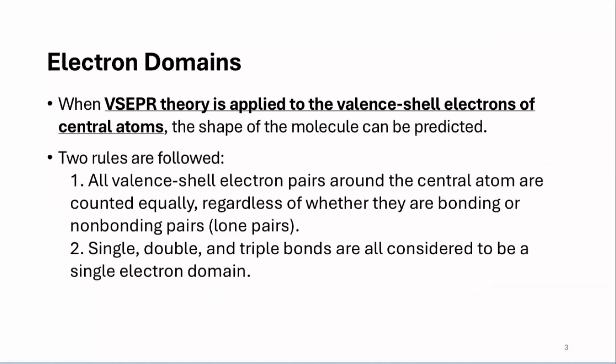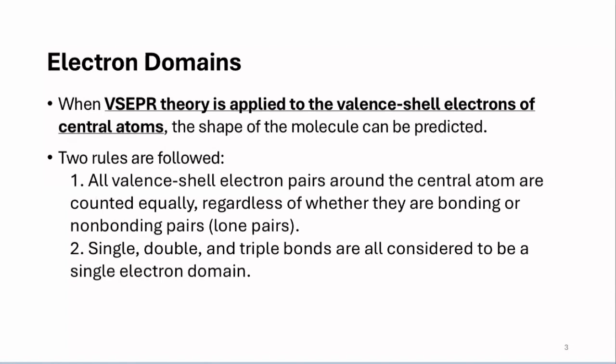There are some basic rules when it comes to electron domains. It is important to know that all valence shell electron pairs around a central atom are counted equally, meaning they represent one group, regardless of how they look.